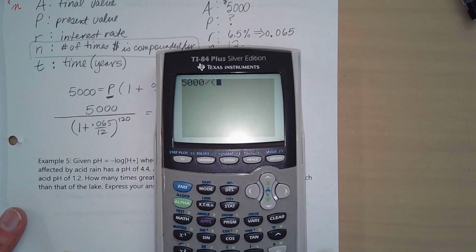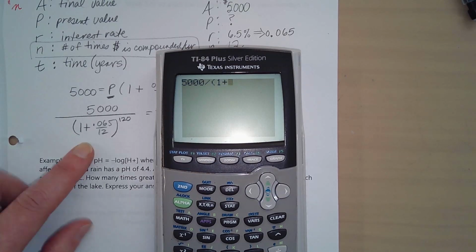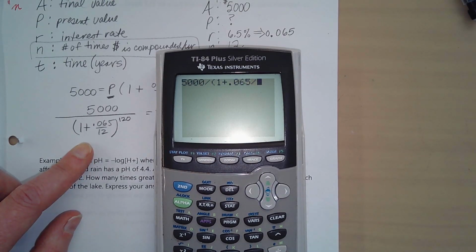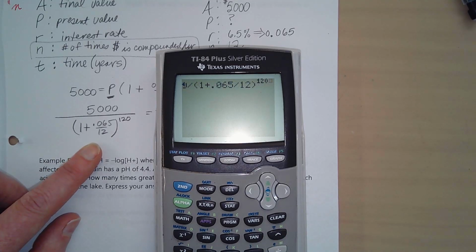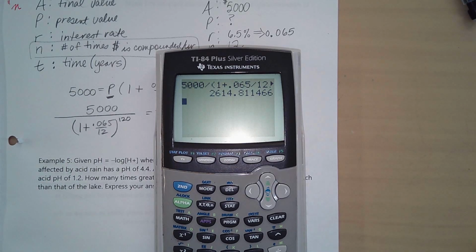Just bracket 1 plus 0.065 divide 12, close bracket, exponent 120. Wasn't that hard, right? Okay, now this is where we deviate. For pre-cal, the default is 3 decimal places, unless you're told otherwise, except for money, because in Canada we use 2 decimals. So money is always 2 decimals.